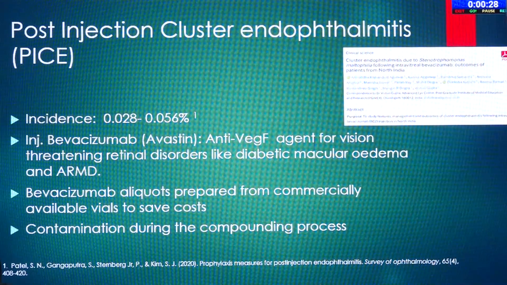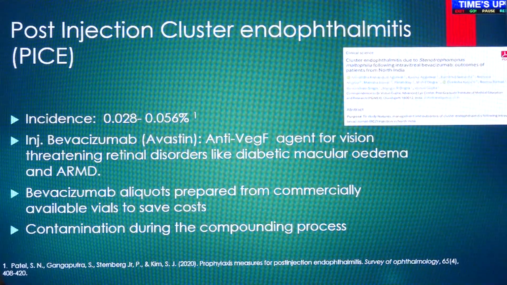It comes in vials, and to save costs we prepare aliquots, dividing the preparation and using it for several patients. That is where contamination happens; during the compounding process you can contaminate the aliquots, and the infection can reach the patient.